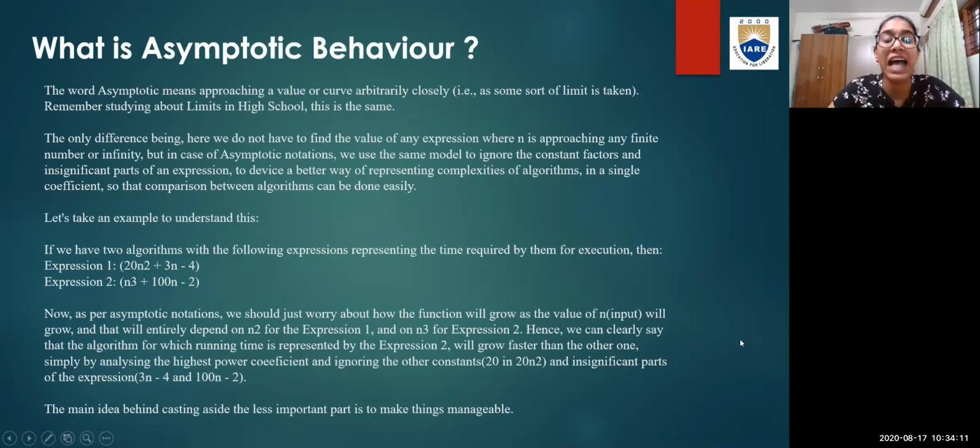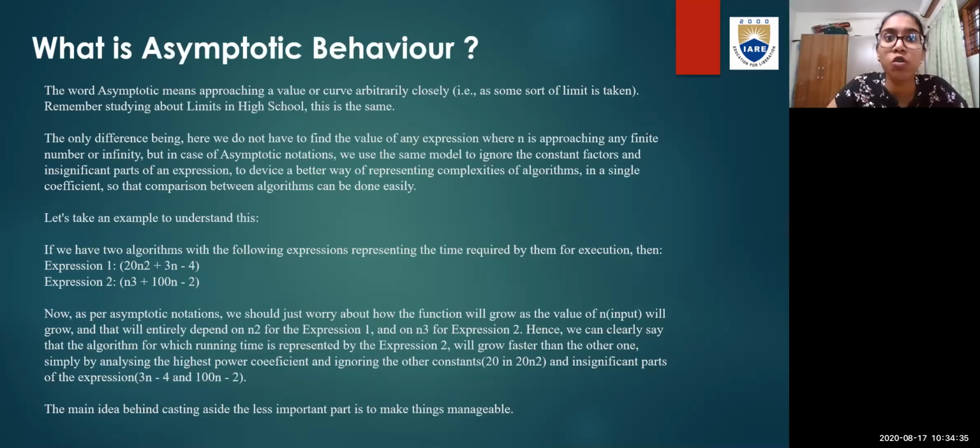So what is asymptotic behavior? We have studied limits in our previous classes. In a similar way, the asymptotic behavior is also represented. In the case of a limit, whenever n tends to infinity, or n tends to some value, we evaluate the value of a particular expression.